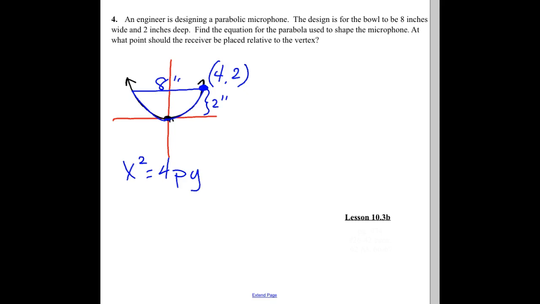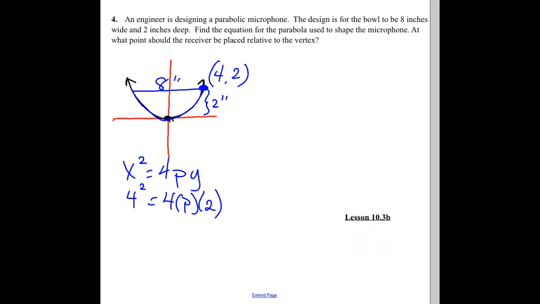We said we don't have to worry about an h and a k because we put it at the origin. We don't know p yet, but we know a point that has to work on the graph, that has to fit the equation. This point (4, 2) has to work. So if we put a 4 in for x and we put a 2 in for y, the equation has to work.